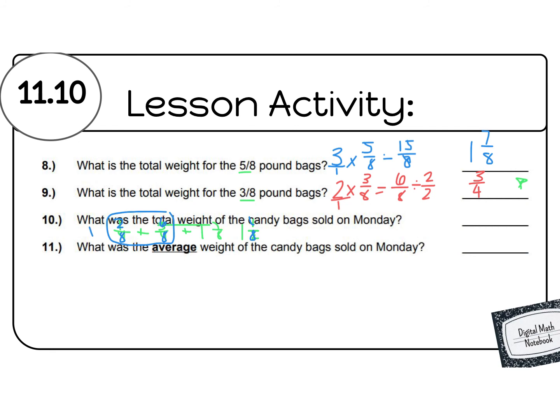And if we add 4/8 plus 7/8, that gives us 11/8. We're running out of space here a little bit. 11/8 simplifies down to 1 3/8.